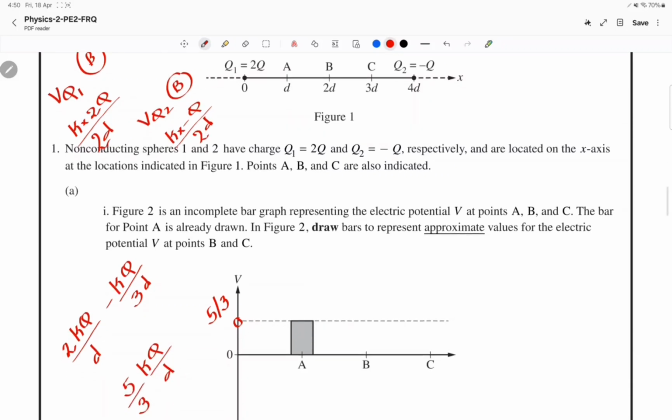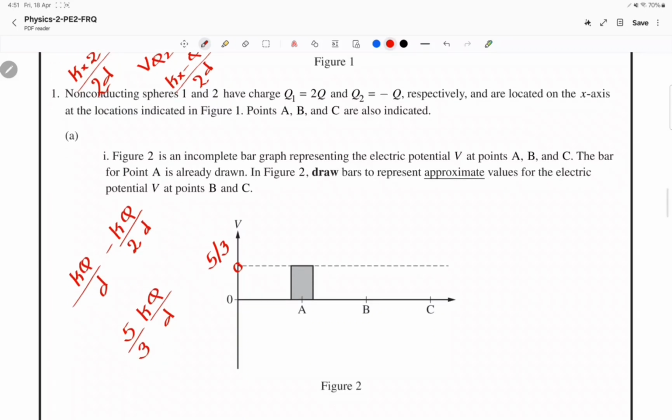So you're going to have 2KQ over 2D minus KQ over 2D. Now 2 over 2 just means a 1. So KQ over D minus half KQ over D means a half. So now your voltage dropped to a half, right?